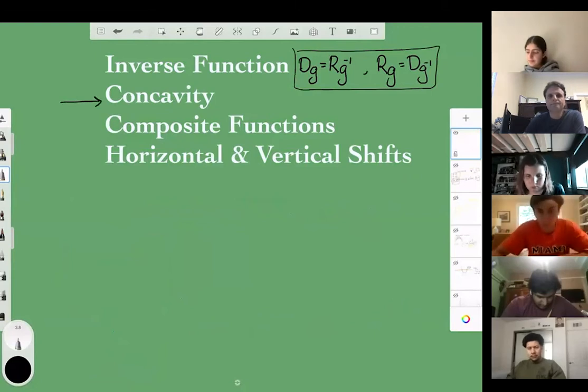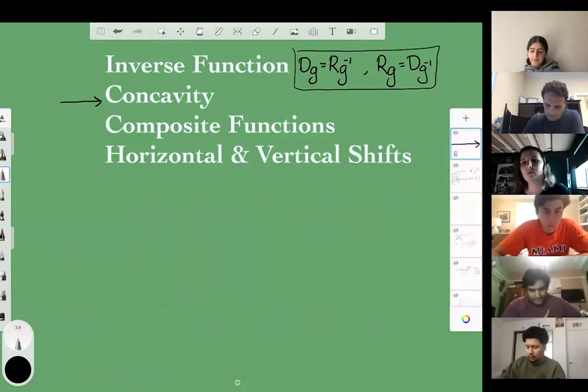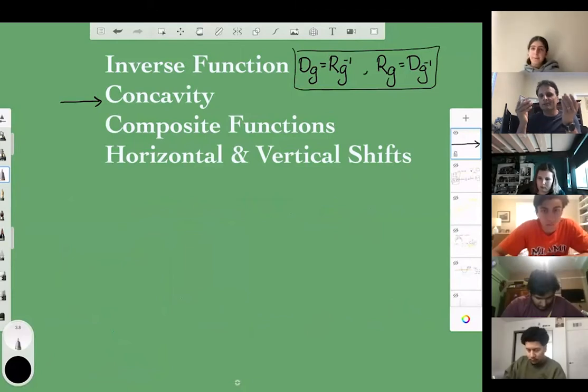Concavity here is something that you will deal with in a calculus course, but you should know, if I give you a graph, it is usually concave up or concave down.